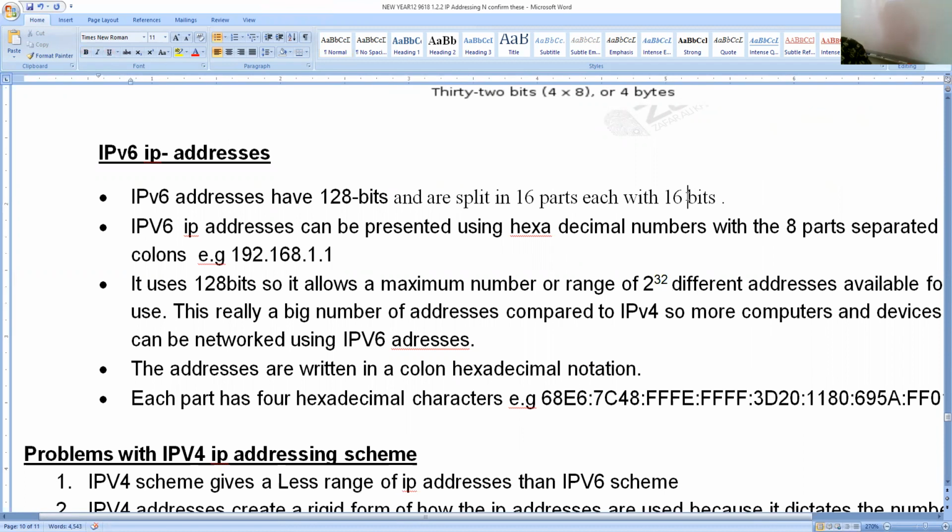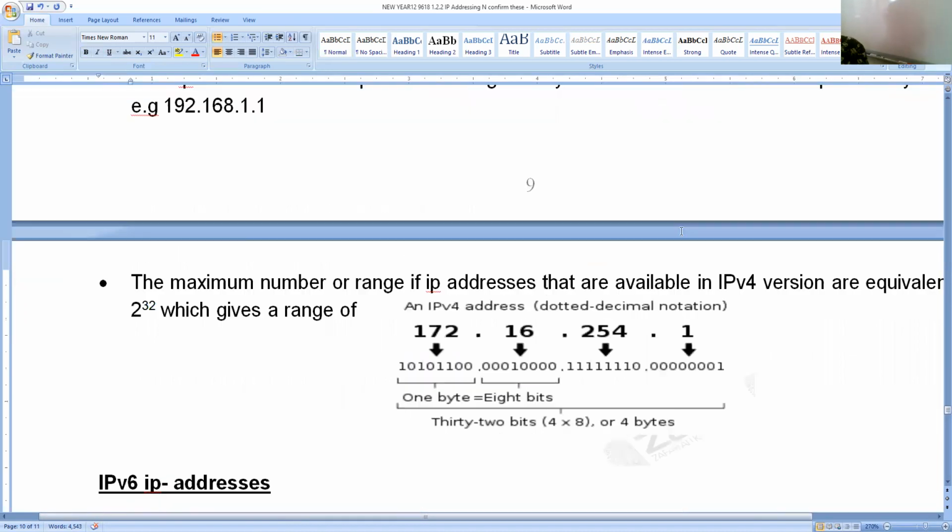16 zeros and ones. Let's take an example.